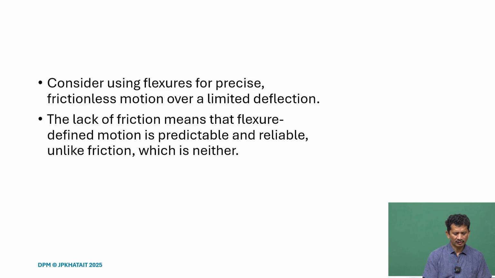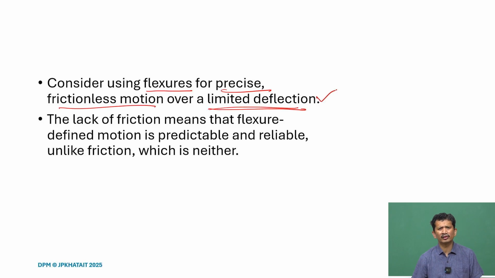So as I mentioned, consider using flexures for precise, frictionless motion over limited deflections. So it is for a smaller range of motions. We eliminated friction, and lack of friction means predictable and reliable.